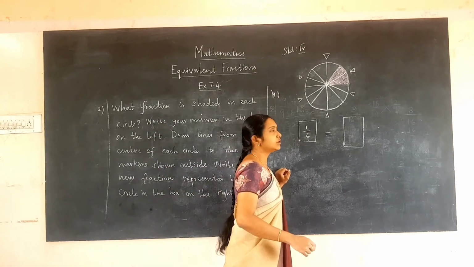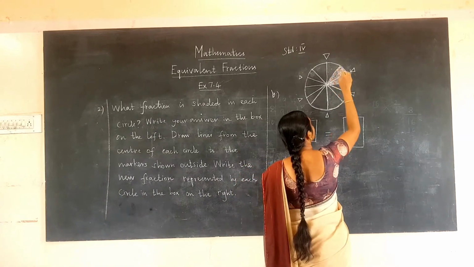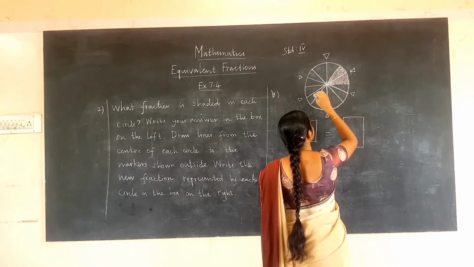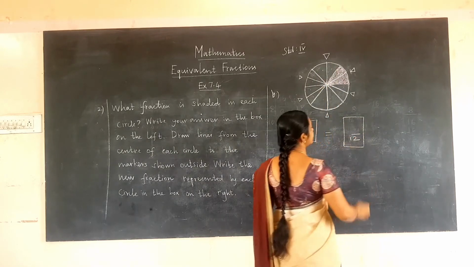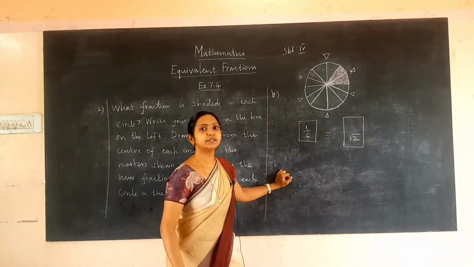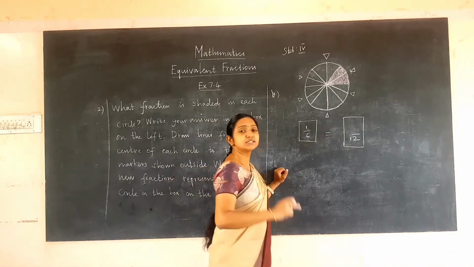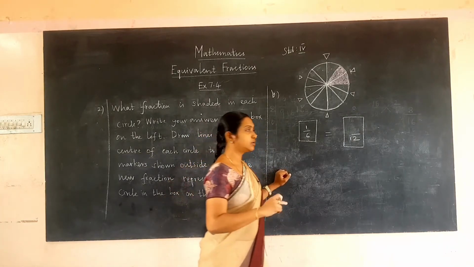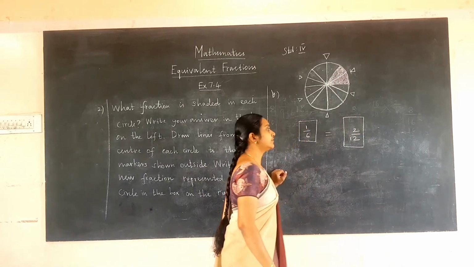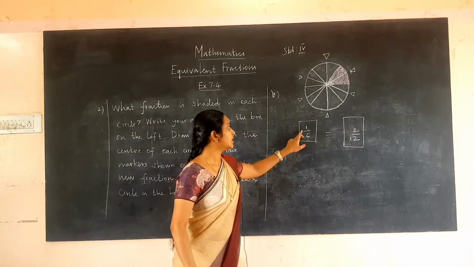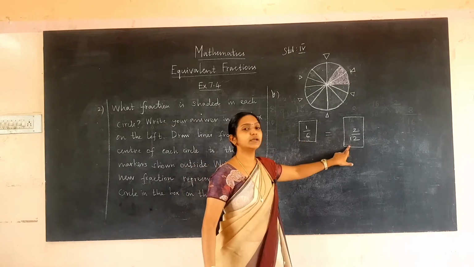Count how many total parts are there. 1, 2, 3, 4, 5, 6, 7, 8, 9, 10, 11, 12. So, totally we are having 12 parts. So, 12 should be written in the denominator. Parts that are colored should be written in the numerator. Here 2 parts are colored. So, in the numerator we have 2. So, 1 by 6 is equivalent to 2 by 12.